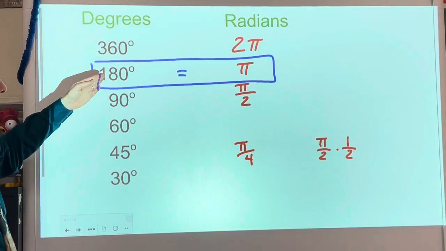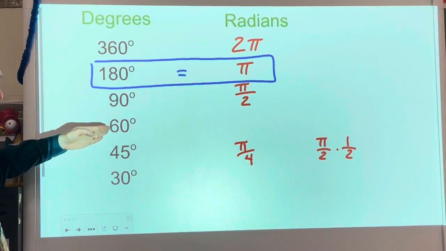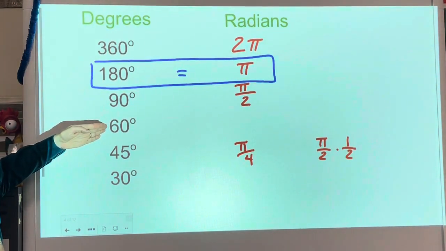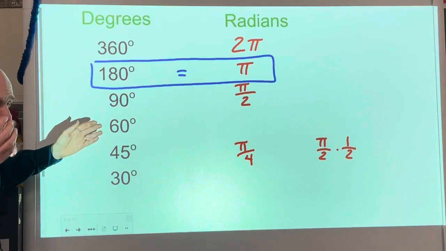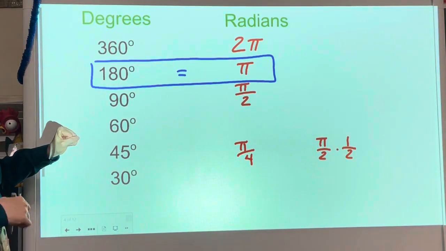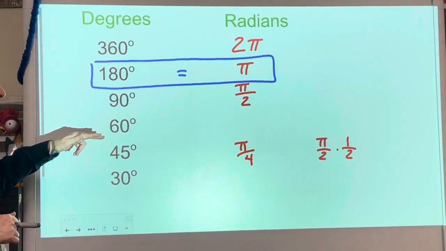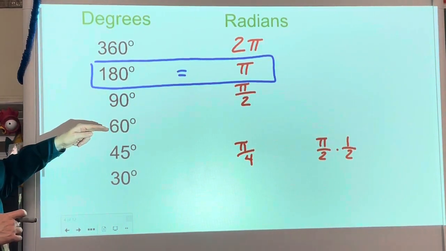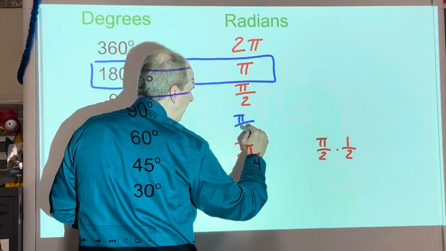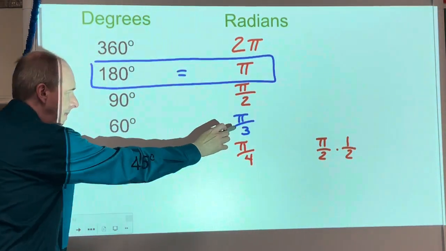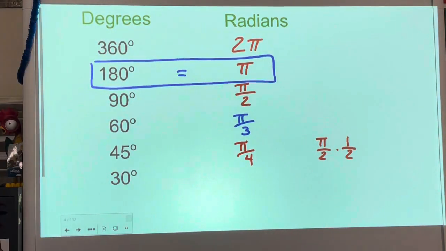What do I have to divide 180 by to get 60? If you're not sure, try it on your calculator. 180 divided by 2 is 90, 180 divided by 3 is, 180 divided by 4 is, 180 divided by 5 is. Let me know when you find 60 degrees. 180 divided by 3. So therefore we have pi divided by 3. Pi over 3 radians is the same thing as 60 degrees.